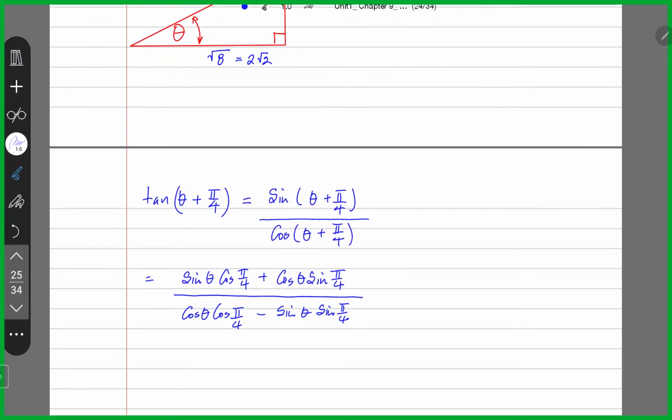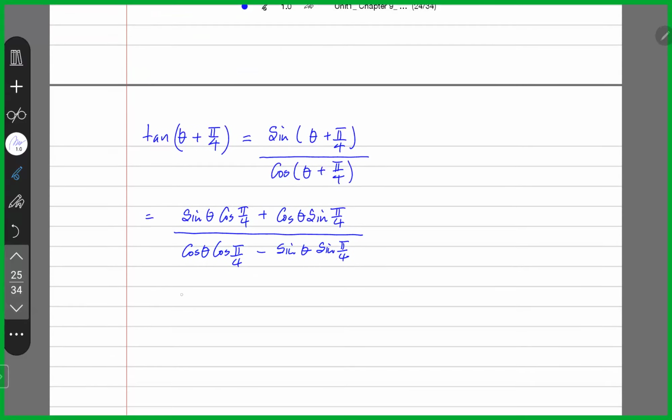As I said, I really doubt that this is the only way to do this. The cosine of pi by 4 is root 2 over 2. So this is sine theta times root 2 over 2 plus cos theta times root 2 over 2, because the sine of pi by 4 and the cosine of pi by 4 are the same, root 2 over 2.